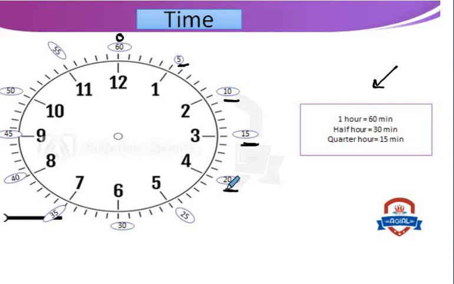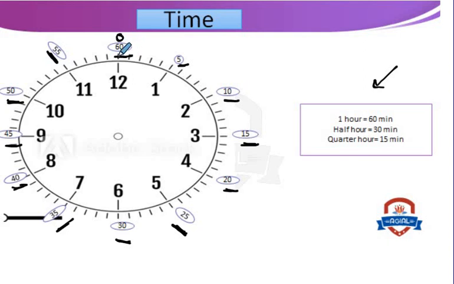So 1 equal how many minutes again? Excellent, 5 minutes. 2 equal how many minutes? 10 minutes. 3, 15, 4, 20. Excellent. 5 multiply 5. Excellent. 25. 6, 30 minutes. 7, 35. 8, 40 minutes. 9, 45. 10, 50. 11, 55.